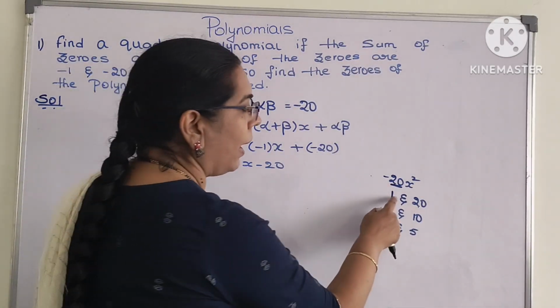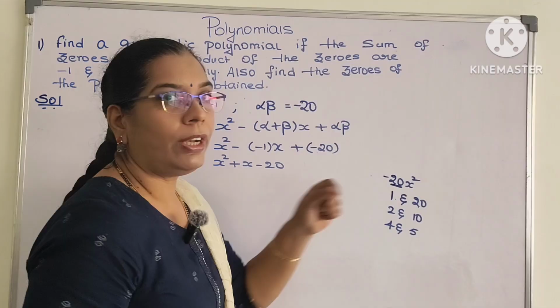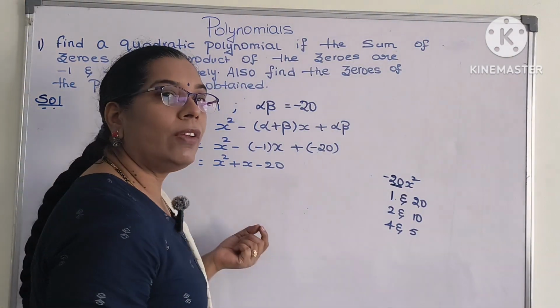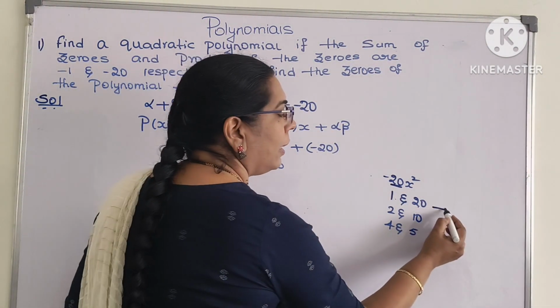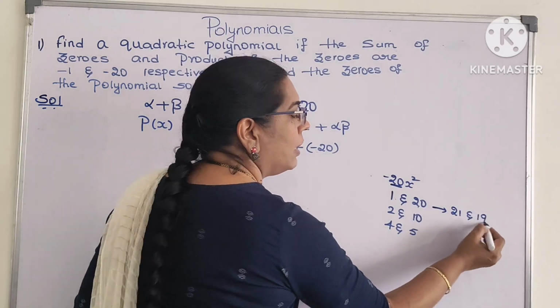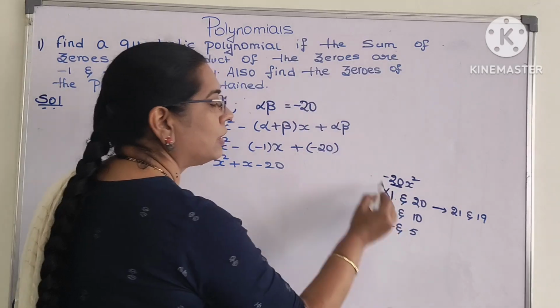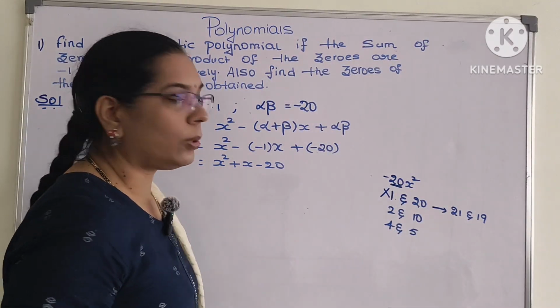Yes. But when we add or subtract, do we get 1? When we add 1 and 20, we get 21. When we subtract, we get 19. So the addition or subtraction would give us 21 or 19, but not 1. So this set of factors is not suitable.